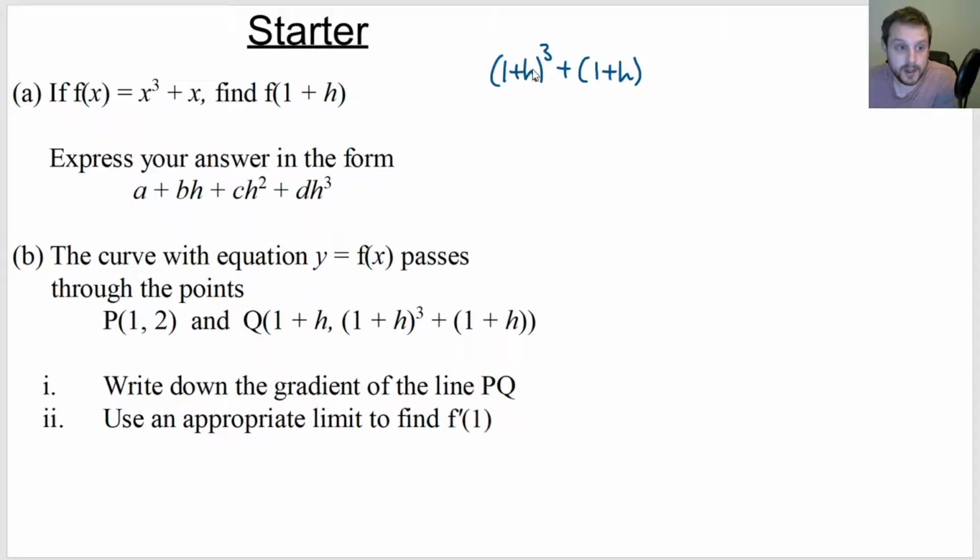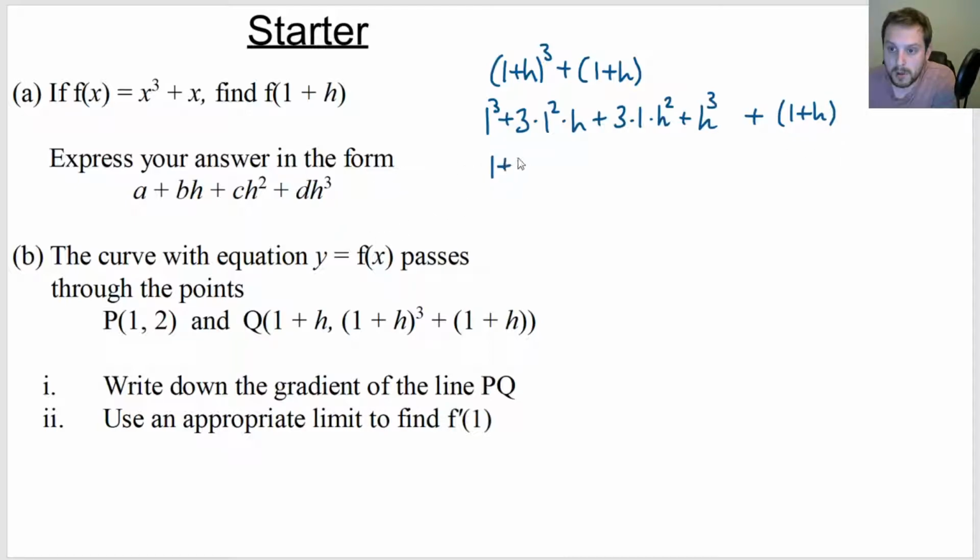So you could either do 1 plus h, 1 plus h, 1 plus h, and expand it all out using grid methods, or FOIL, however you want to do it. You can also just do 1 cubed plus 3 lots of 1 squared lots of h plus 3 lots of 1 lot of h squared plus h cubed, plus 1 plus h. So I'm just doing a binomial expansion.